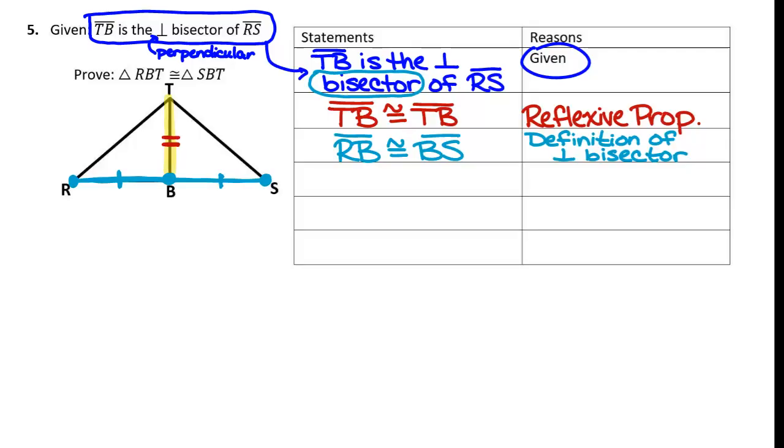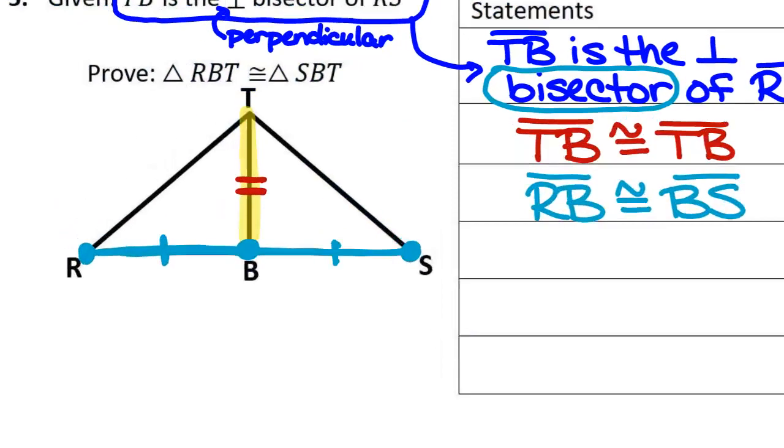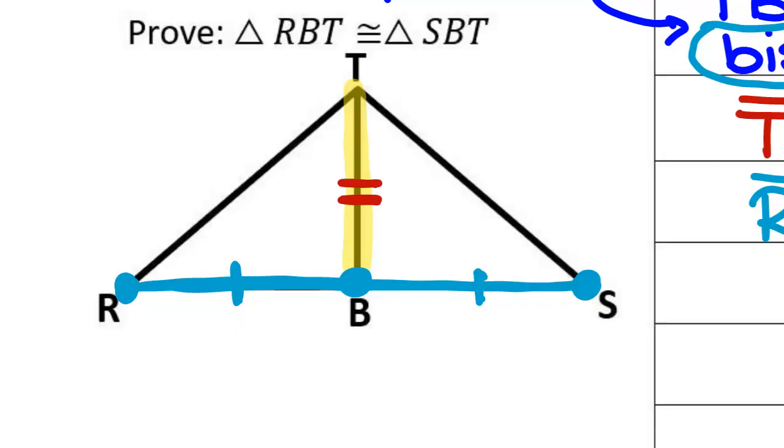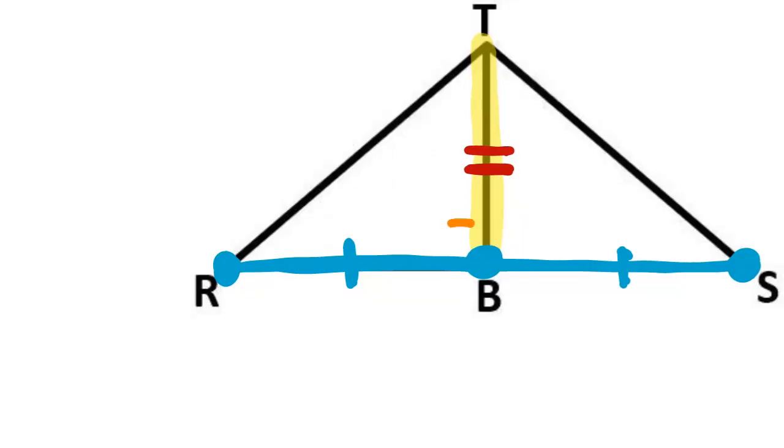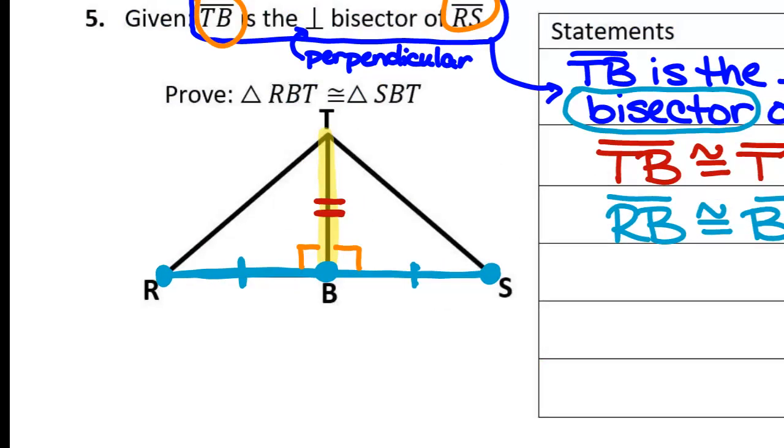Perpendicular means what? 90-degree angles. Perpendicular means that it makes 90-degree angles. So where TB and RS meet, we are making right angles. So on either side of this, we have right angles. So now I need to write down what I just marked.